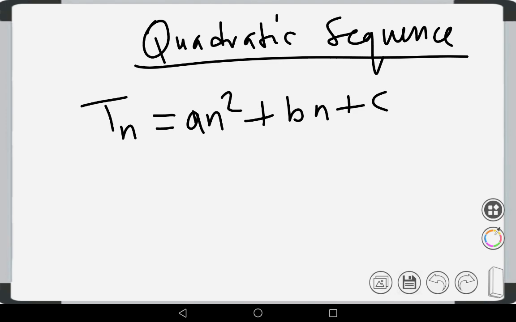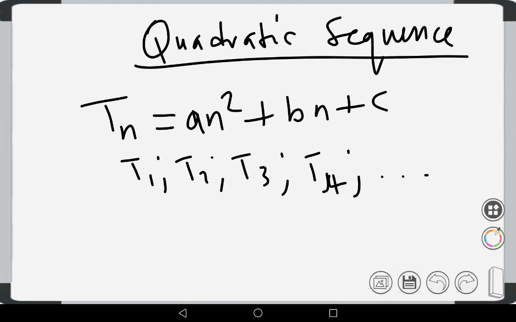General formula for quadratic. In a quadratic sequence, you're going to have T1, T2, T3, T4, going upwards. When you calculate the first difference, the numbers won't be the same; you arrive at an arithmetic sequence in the first difference.